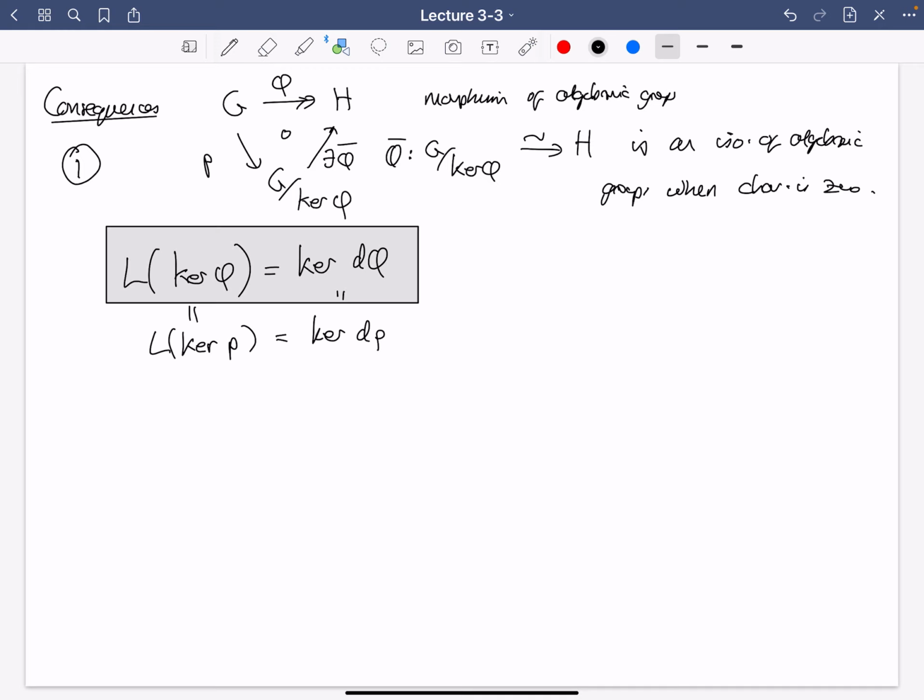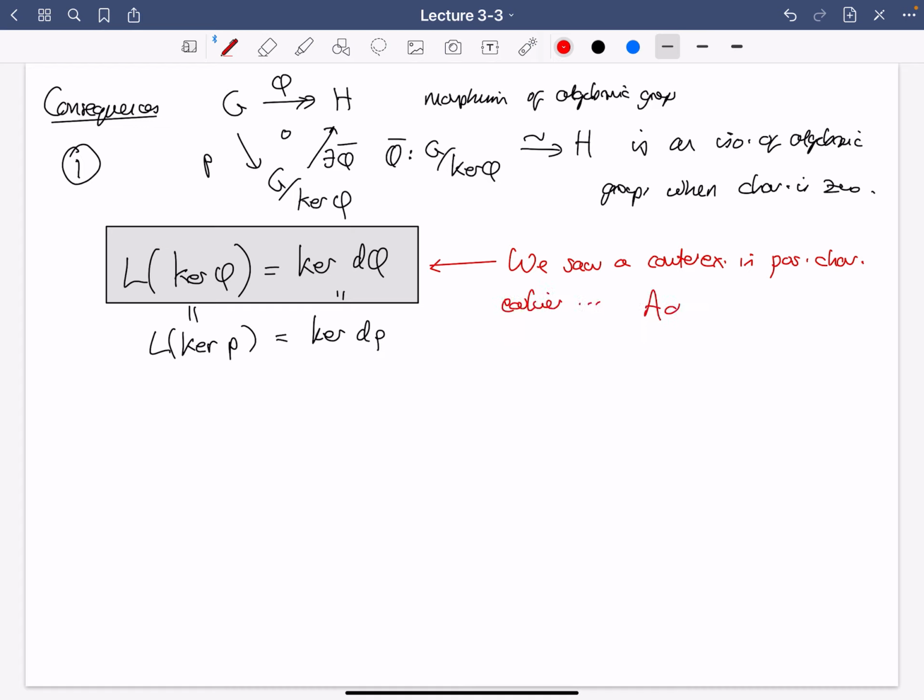So this is characteristic 0 only. We already saw a counterexample in positive characteristic earlier today.